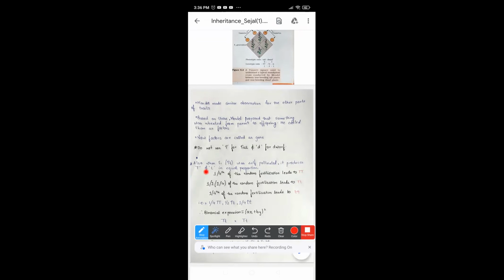Now, when the F1 generation Tt is self-pollinating or selfing, it produces T and t gametes in equal proportion.